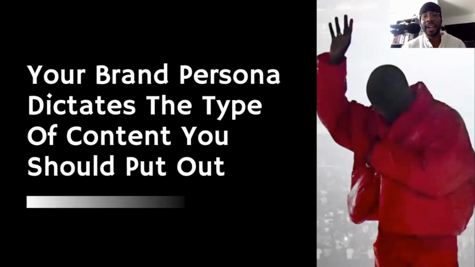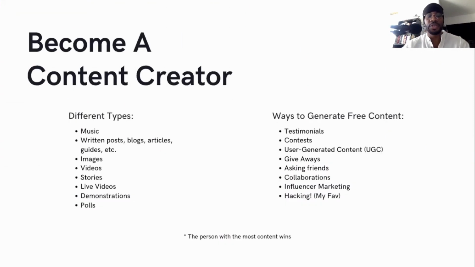And once you figure that out, then you can start putting out content that makes sense for your brand and your audience. So in order for this to work super, super well, you should aim to have really good, high quality music. So having good music is crucial.